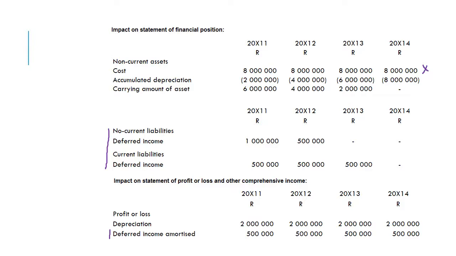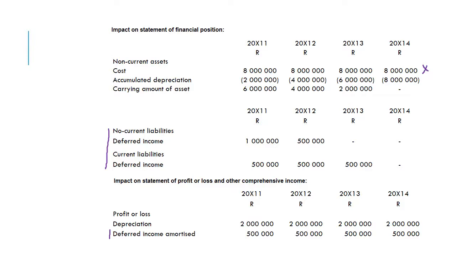But remember, IAS 1 requires us to distinguish between current and non-current liabilities. So we know that every year we are going to amortize 500,000. How? Because we know we're writing it off the same as our asset. So we know we're going to amortize 500,000 every year.